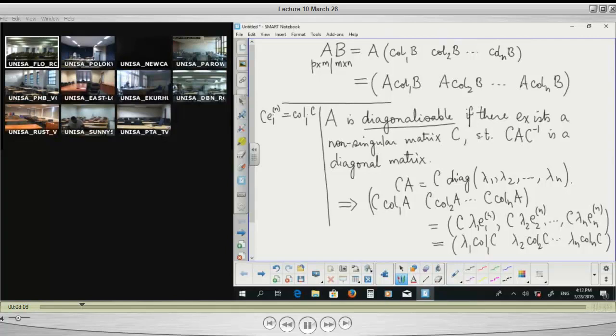Cx is equal to, there's a mistake. Where is it?